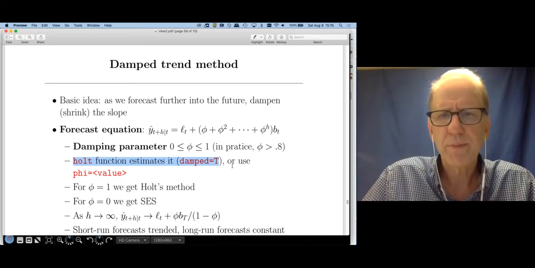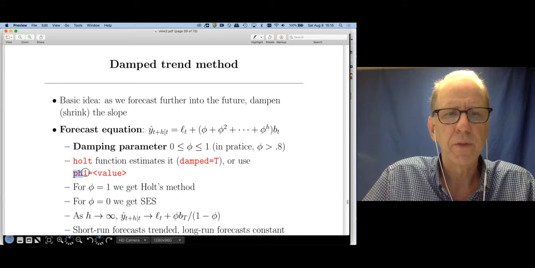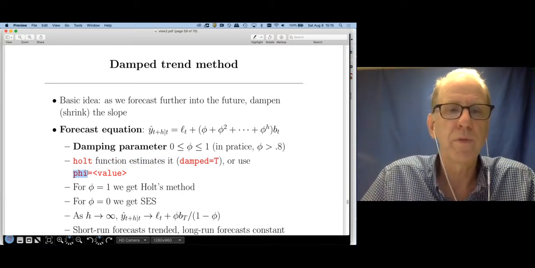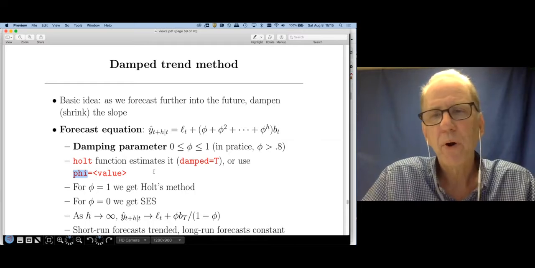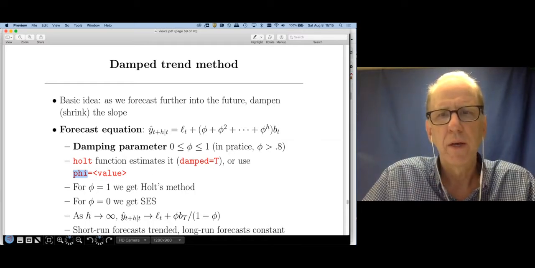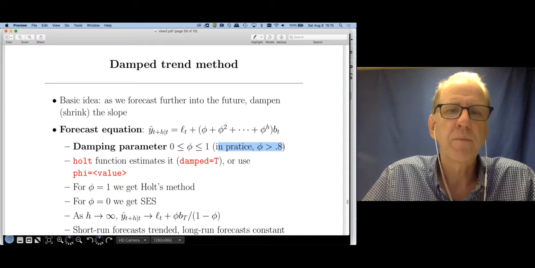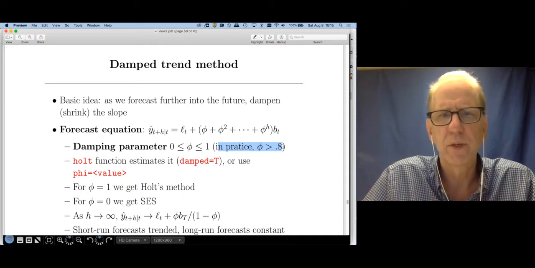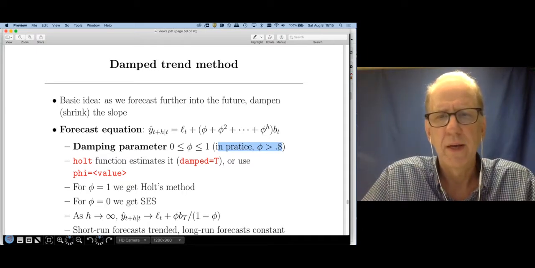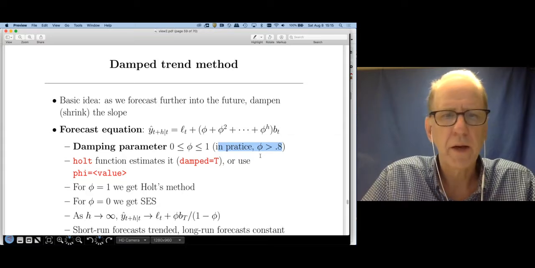Or if you want to specify a certain phi value, you can add the argument phi equals 0.9 or whatever you like. In practice, let me just mention this decays pretty quickly, so we usually would never choose a phi less than, say, 0.8, which is what the textbook recommends, and I agree with that.